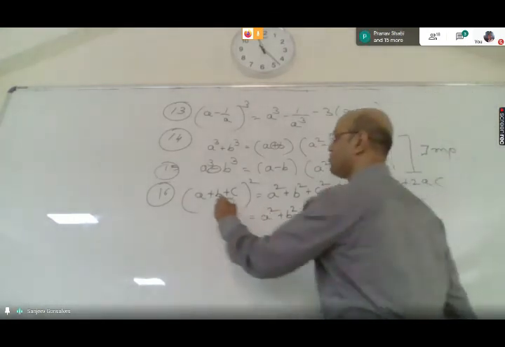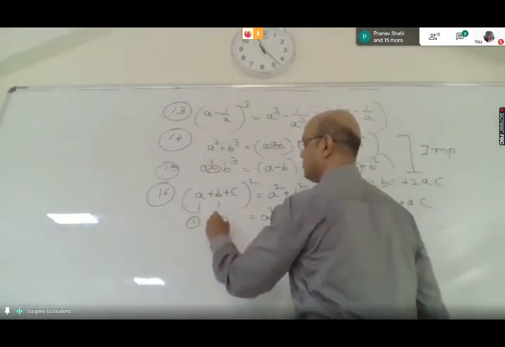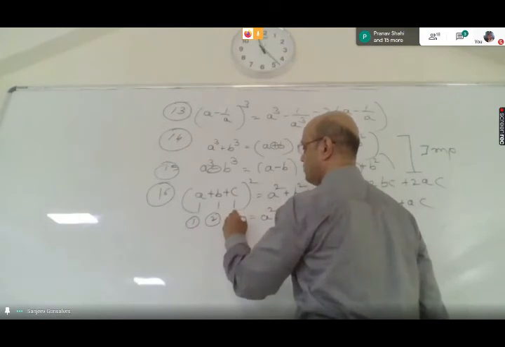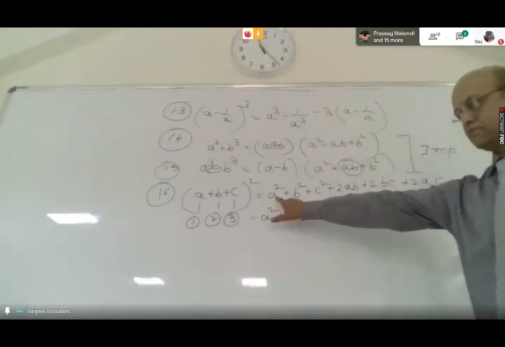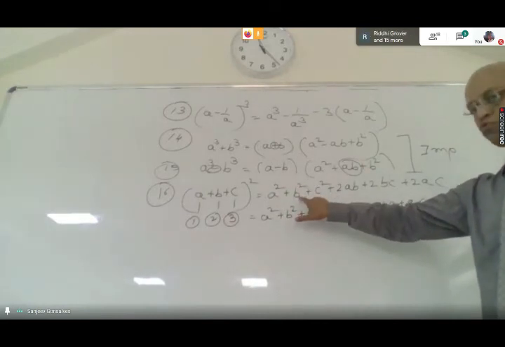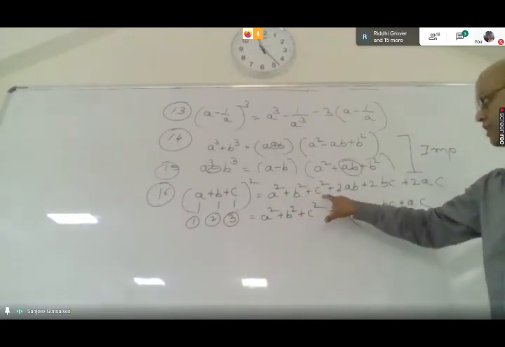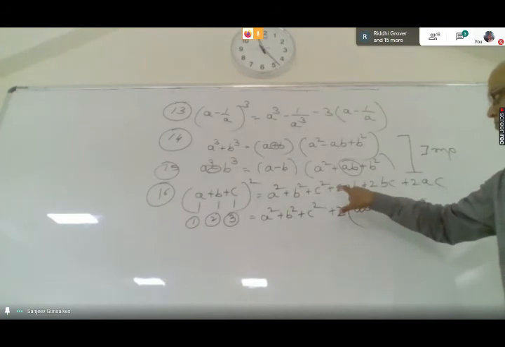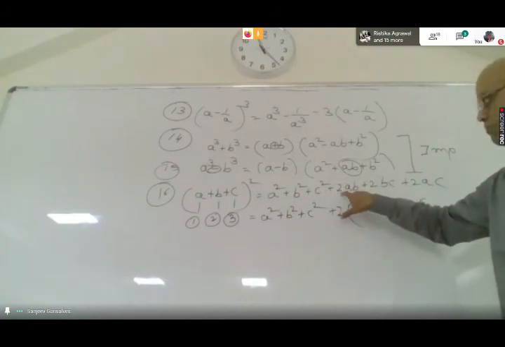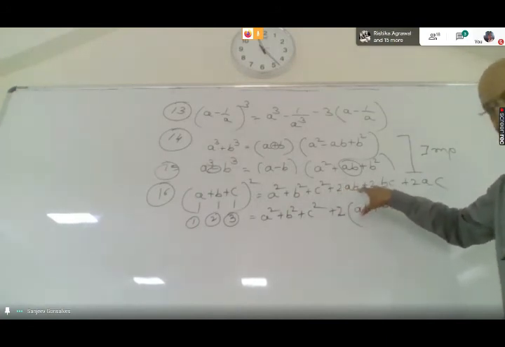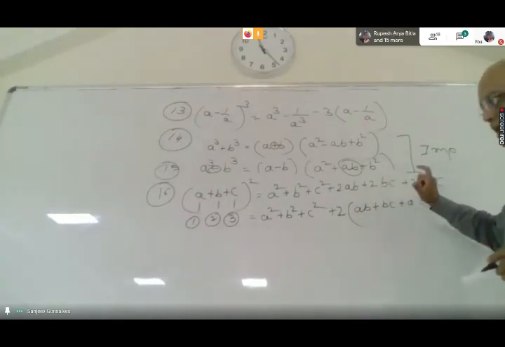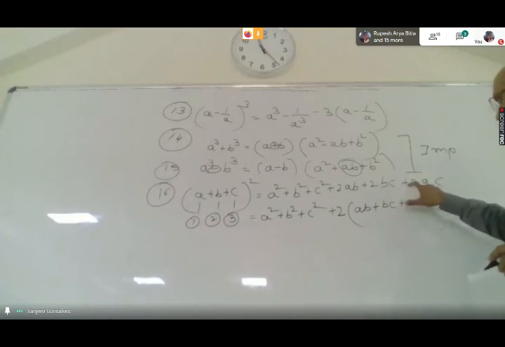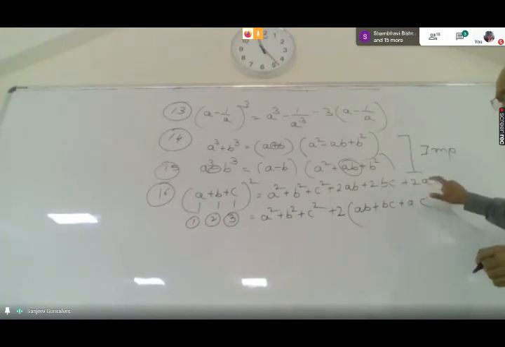This is the first term, this is the second term, and this is the third term. First term square plus second term square plus third term square plus 2 multiply by first term multiply by second term, 2 multiply by second term multiply by third term, and 2 multiply by first term multiply by third term.